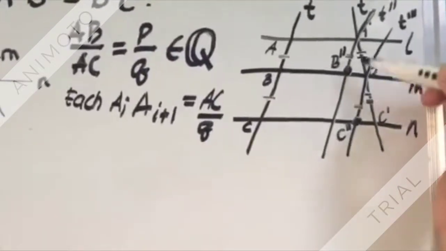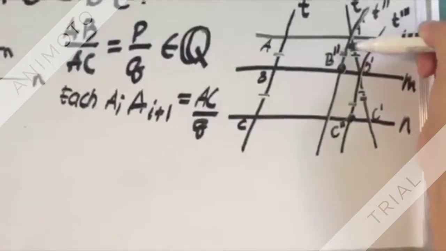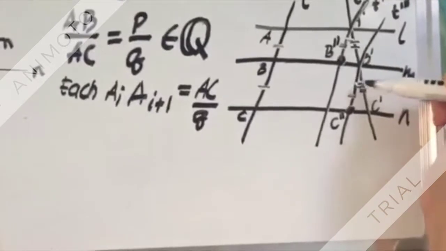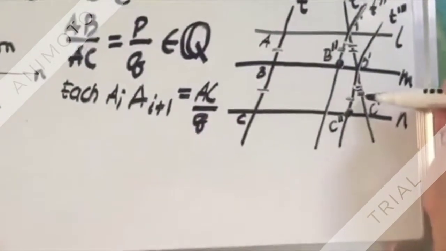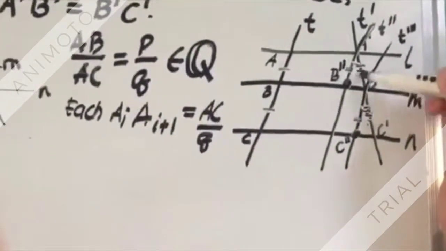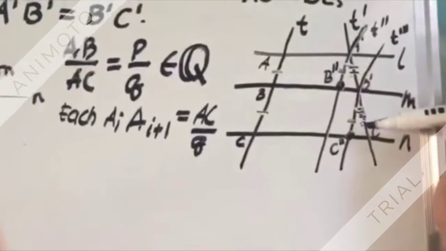Since this side and that side are congruent, we conclude that the angle itself is also congruent to this angle. So we now form a side-angle-side, which means that these two triangles created are similar triangles.